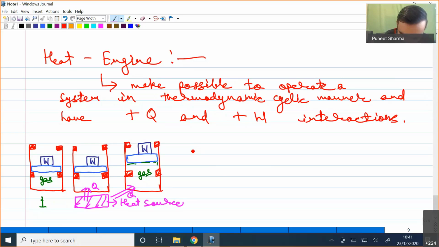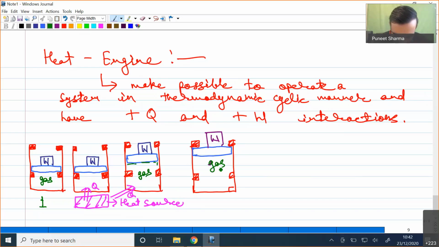After some time, our piston will be at the topmost position. While the piston has come to this topmost position, it has raised W amount of weight, and now our entire medium is filled with this gas.